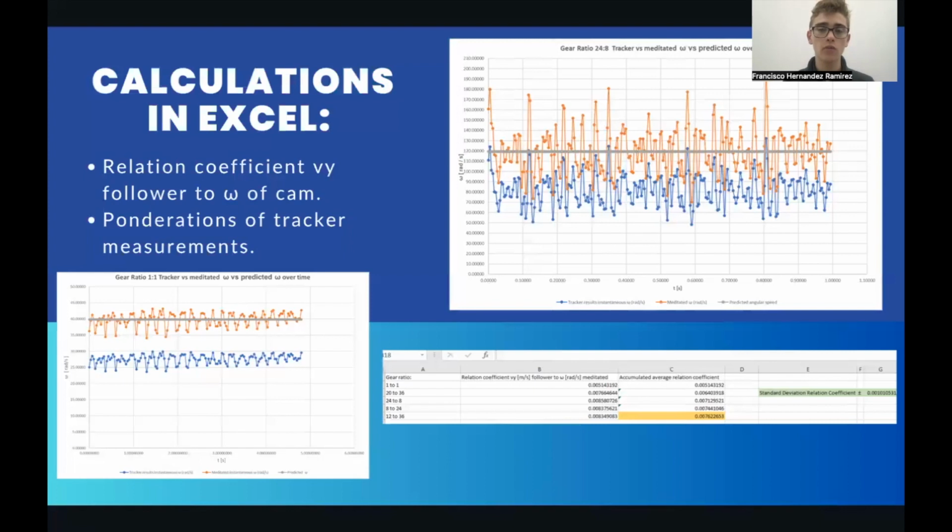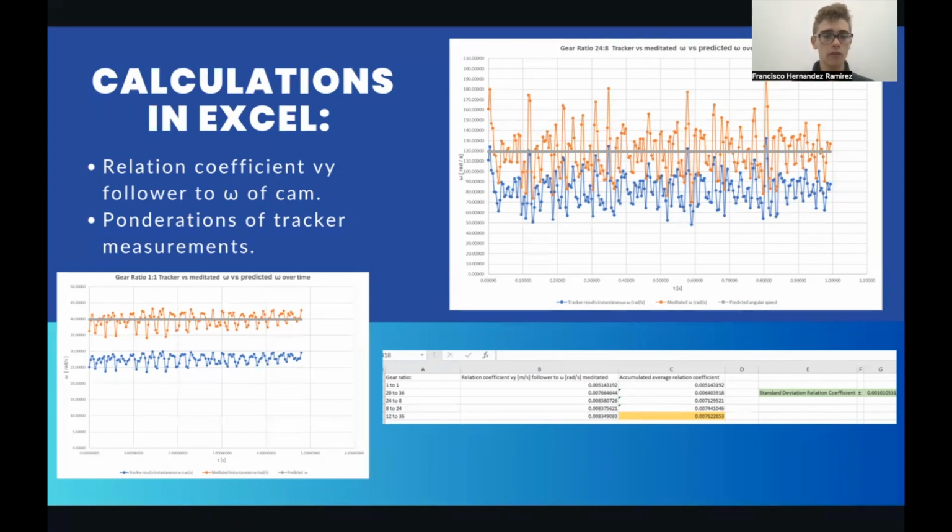The 24:8 gear ratio video was taken at 204 FPS, which means it travels a lot more radians per each frame, right? And this is reflected in the numbers on the speed, which go up to 180 even. On the other hand, on the left-hand side, we have the 1-to-1 gear ratio, which we can see is a lot more stable. The numbers are not as amplified.